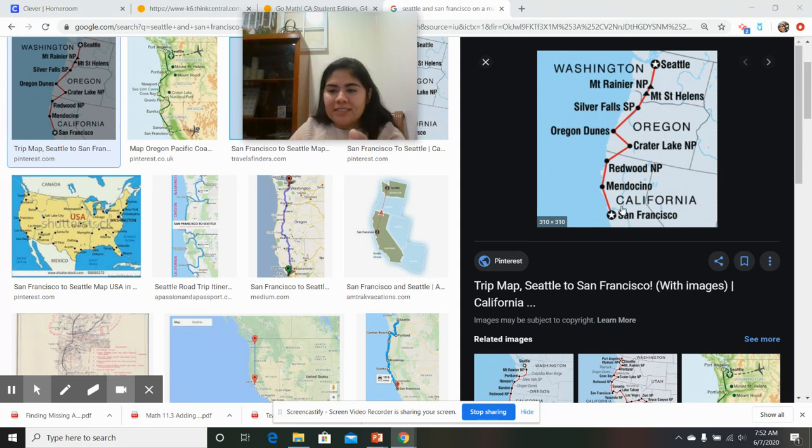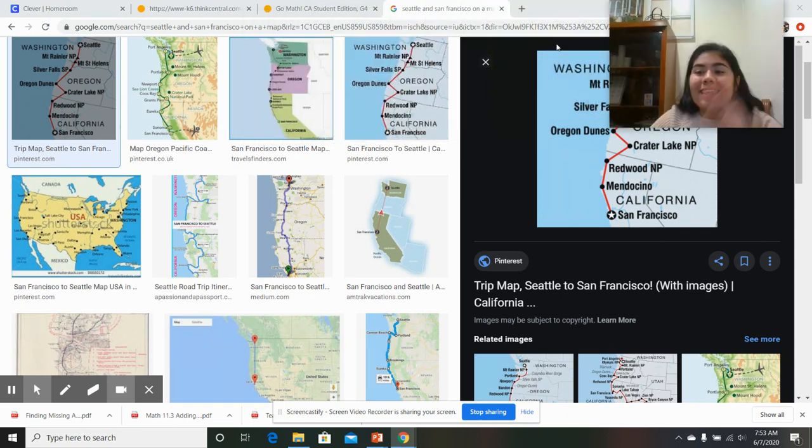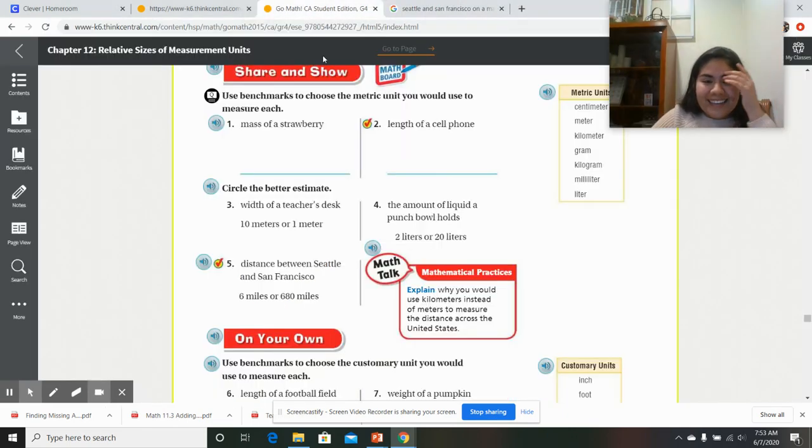Now the map is obviously smaller because San Francisco's in California. Then you have to travel all the way to the top here. Then you have to travel through Oregon, an entire state, all the way to the very northernmost part of Washington, another state.